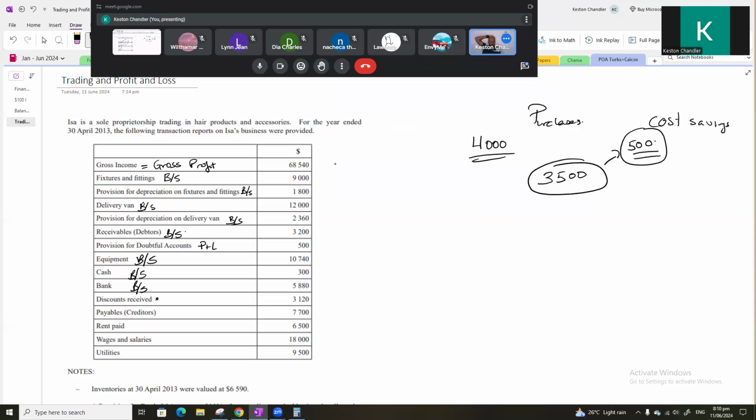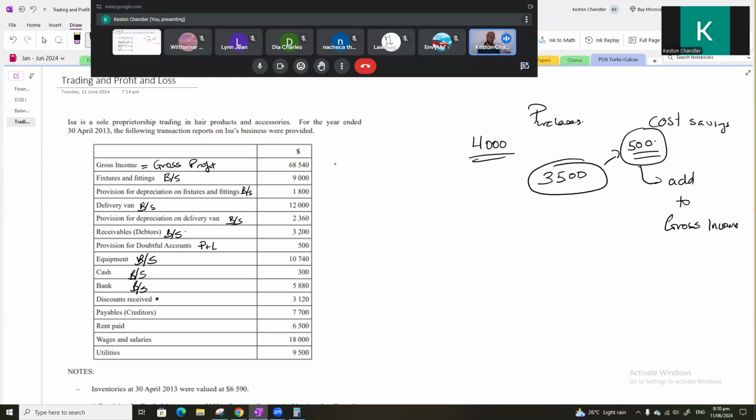And for that reason, what we do is we add it to our gross income. Why? It's the opposite of an expense. Think about discounts allowed. When we give a discount to a customer, we should have received $100 for a product, for goods, and we give them a discount and we take 90. We're increasing our expenses by $10.